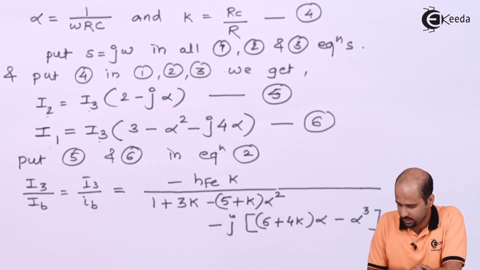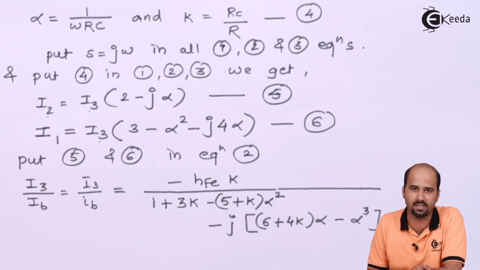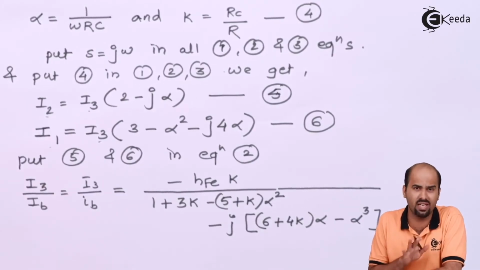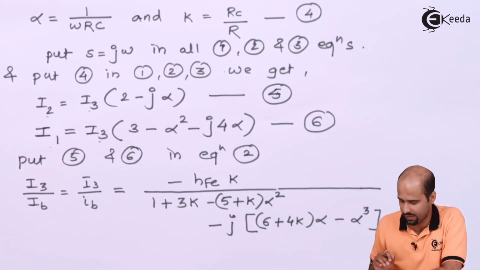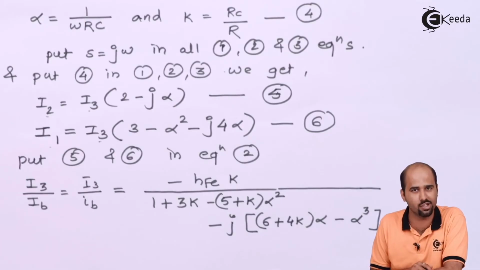As I know, if I am using this complete circuit as an oscillator, then whatever gain I get should not have any phase shift. That means if phase shift is not there, then whatever I3 divided by IB I get should be real. Yes or no? Yes.